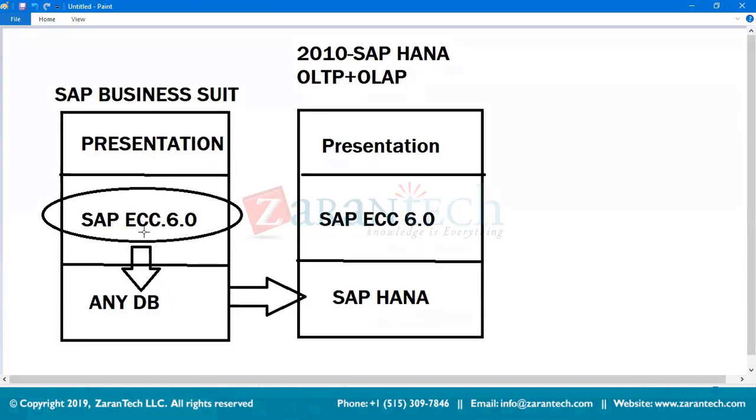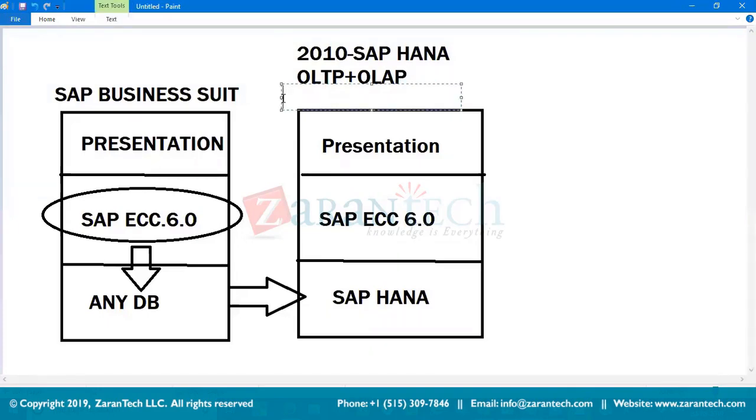Now, I'm just changing your database. I'm migrating your database from the Oracle database to the SAP HANA database. Now, this second architecture, I call SAP Business Suite on HANA. See the terminology, very, very important.